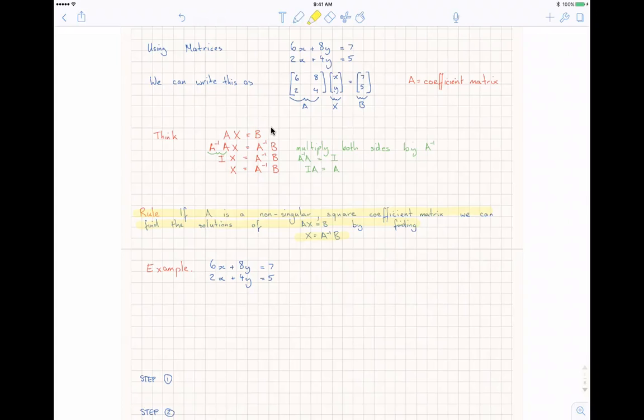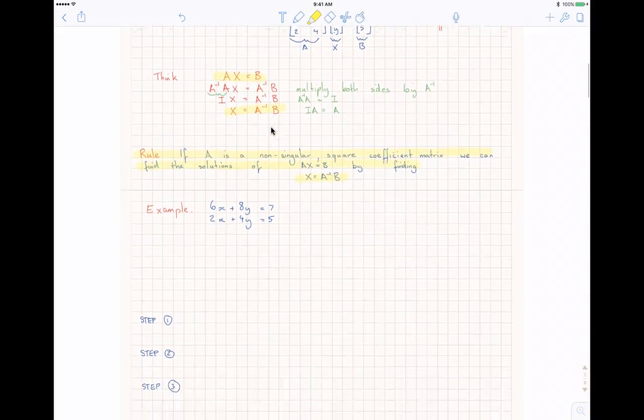So if we have some coefficient matrix or some system of equations, AX equals B, to find the solutions, we just have to multiply B by the inverse of the coefficient matrix.